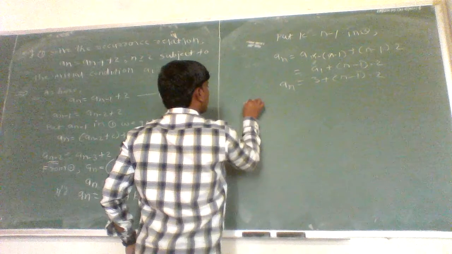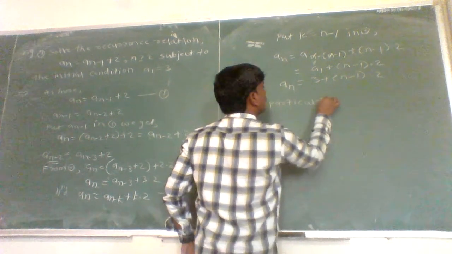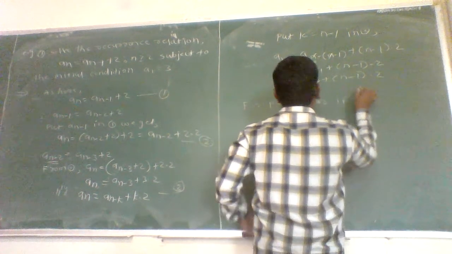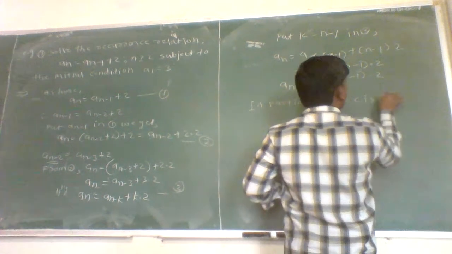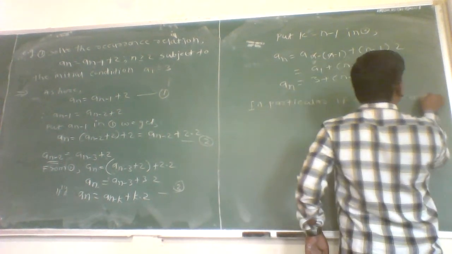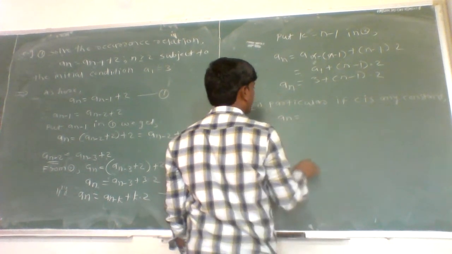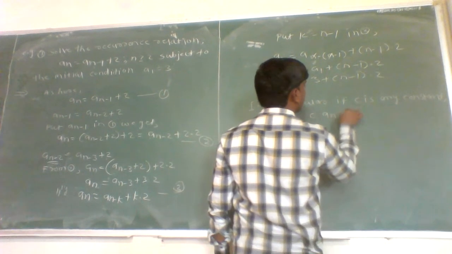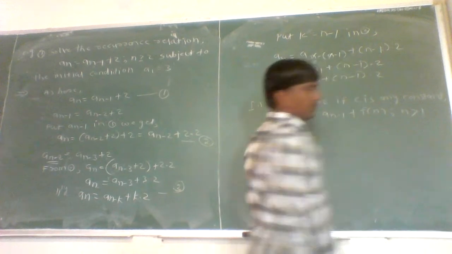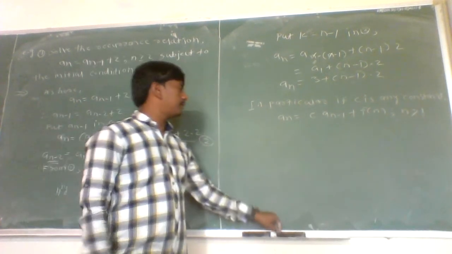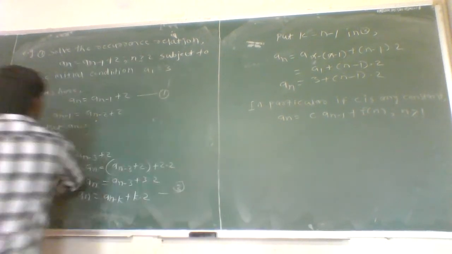Let us suppose that c is any constant, and we are given a relation a_n = c times a_{n-1} + f(n), whenever n is greater than 1. If this type of recurrence relation is given, how can we find the solution by the iteration method?